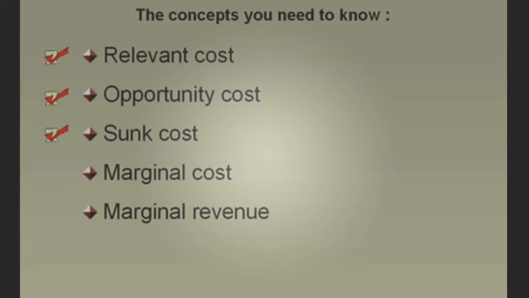Actually, it's really easy. What costs go into making a product in a factory? You got direct material. Do you remember that from the previous module? You got direct labor. You got overhead.